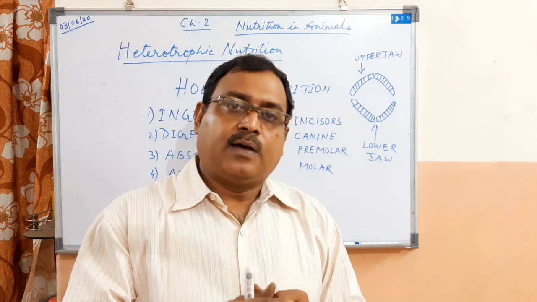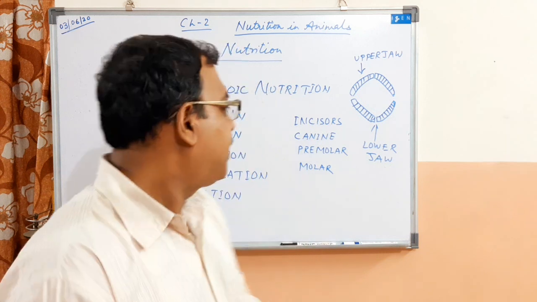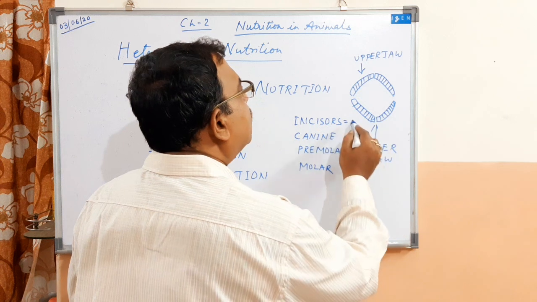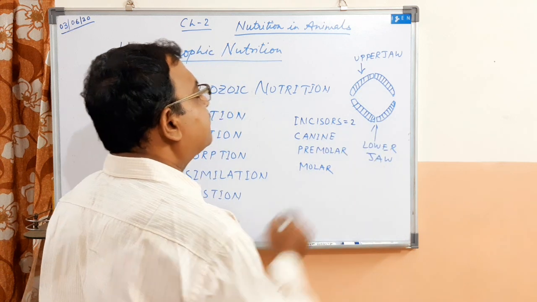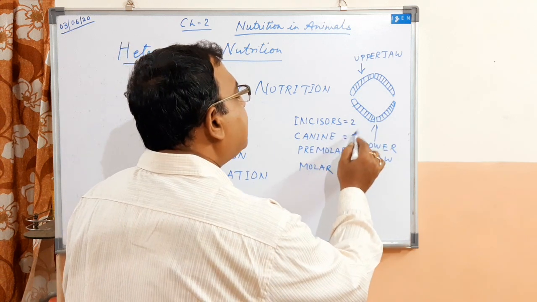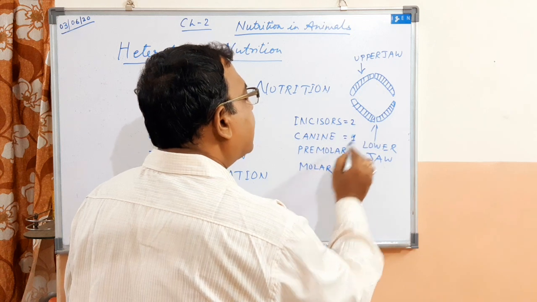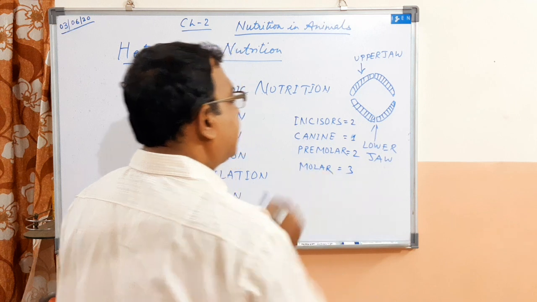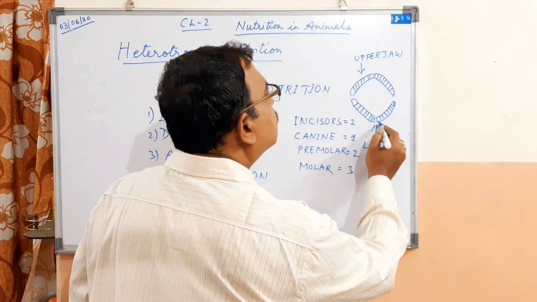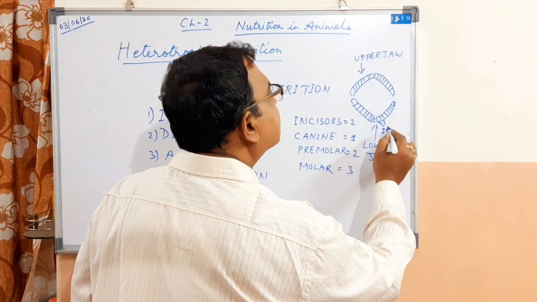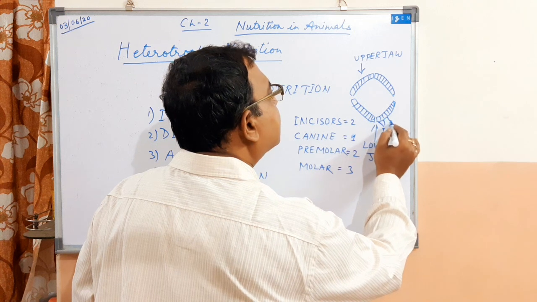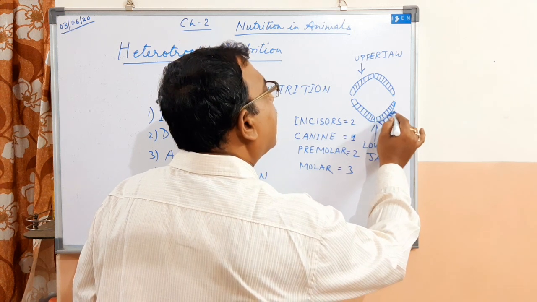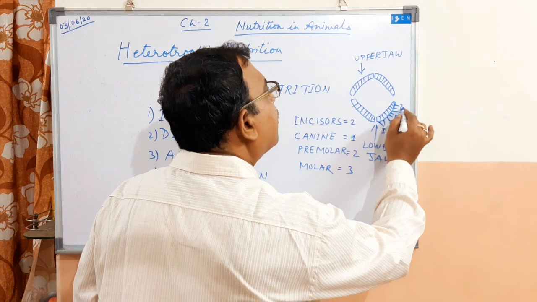Now, how are they present? In each of these halves, 2 incisors are there, 1 canine, premolars 2 and molars 3. That means the first 2 are incisors. Next one is canine. Then 1, 2 premolars, and the remaining 3 are molars.